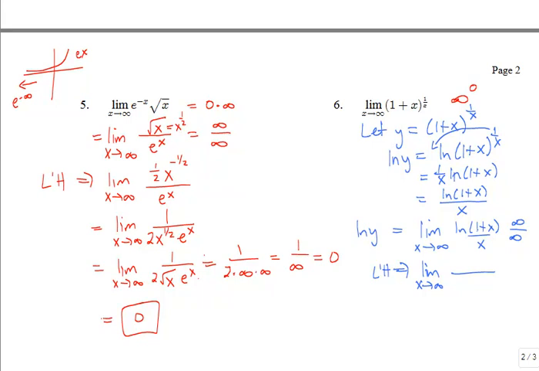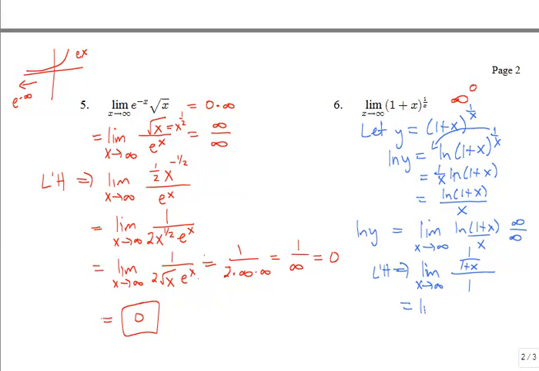Well, the derivative of the top, this is ln of stuff. So the derivative of that is stuff prime over stuff. So this 1 plus x goes in the bottom, and its derivative goes in the top. And the derivative of 1 plus x is just 1. So there's stuff prime over stuff. The derivative of the bottom function, the derivative of just x, is 1.